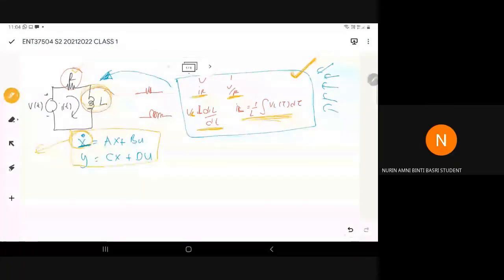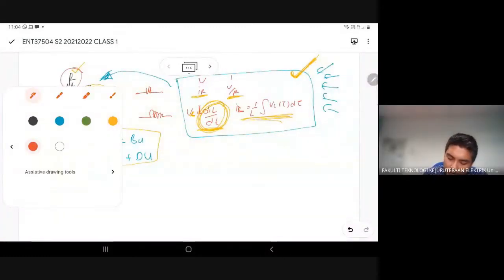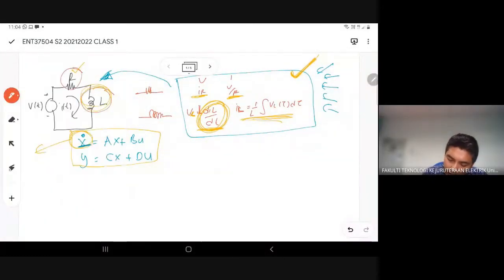VL equals L dIL over dt. Is this it? Yes, doctor. Okay, so this is your X dot, dIL over dt, or we can say IL dot.